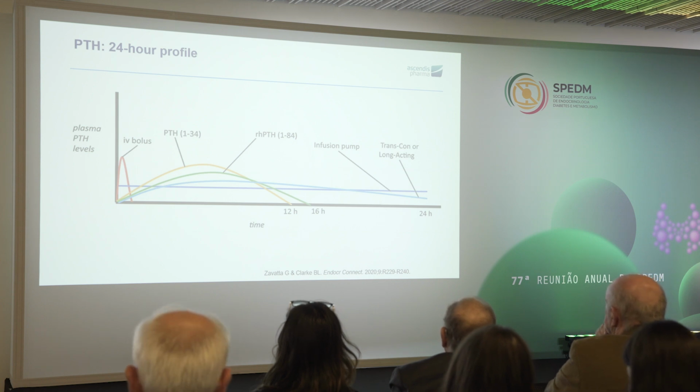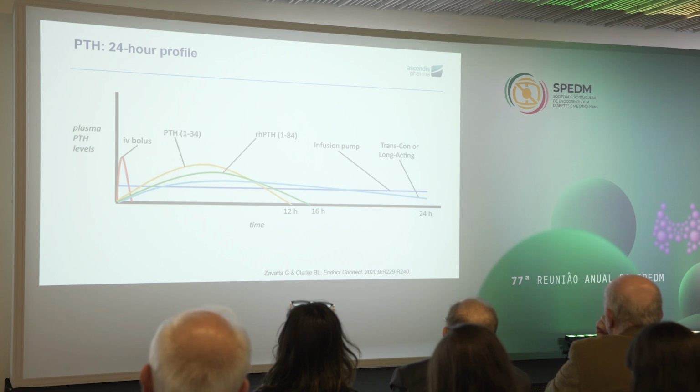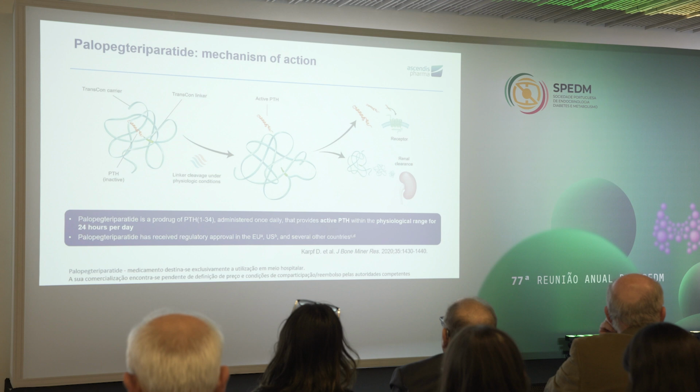The analogue of PTH 184 has about 16, and through the infusion pump or long-acting analogues, it is nearly 24 hours or even beyond half-life, which makes them such elegant treatment therapies.